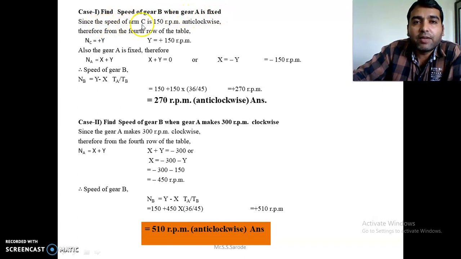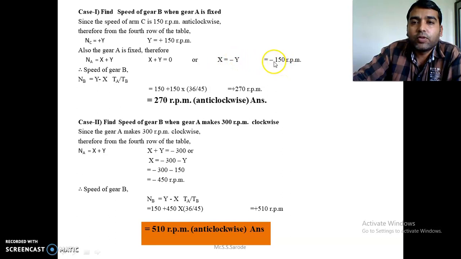Since the speed of arm C is 150 rpm anticlockwise, therefore from the table 4th row, NC is equal to plus y. So NC is 150, that's why y is equal to 150. Also gear A is fixed, that means NA is equal to 0. But in the table NA is equal to x plus y. So NA is 0, so x is equal to minus y, the y is 150 and minus sign.